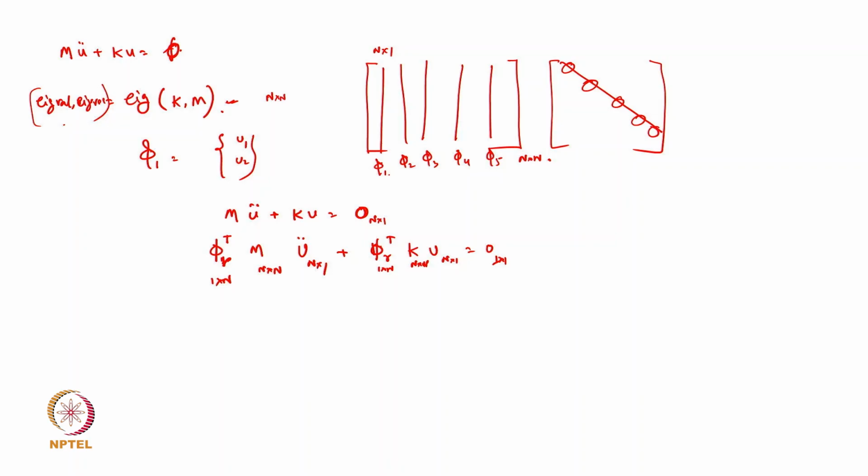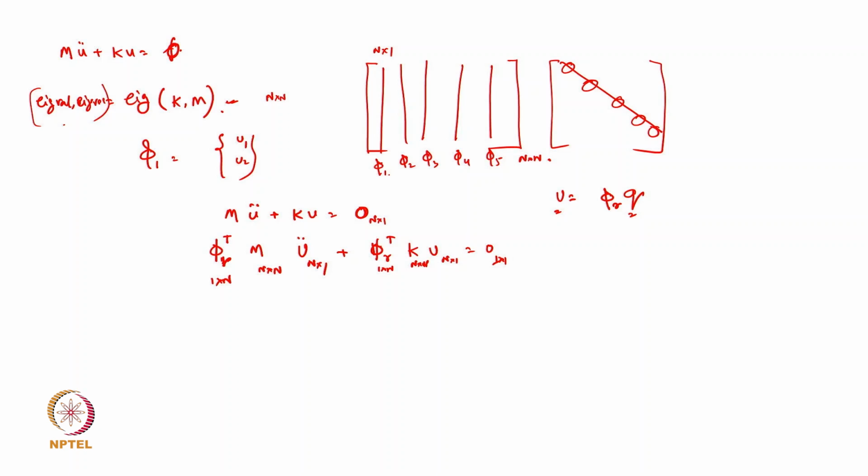And how can u be changed? u will be changed as phi r times something. Here what I am actually doing is changing the coordinate system. First we were using u1, u2.